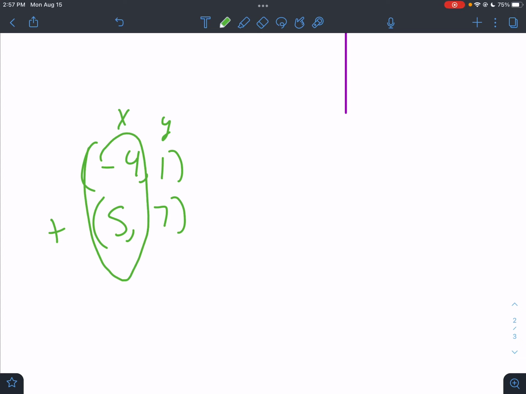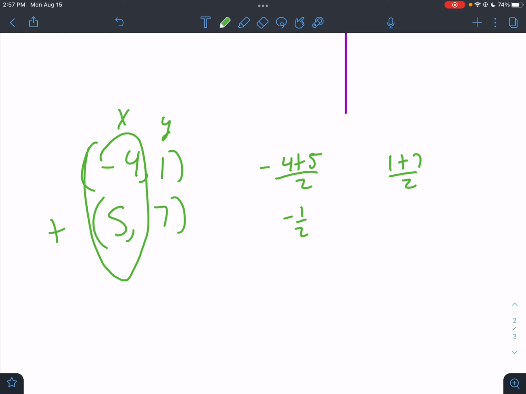So we're going to add and then divide by 2. We're adding the x's and we're going to divide by 2. I'm going to write it like this: -4 plus 5, and then we're going to divide by 2. When I do that, I get -1 divided by 2, or -1/2. I'm going to do the same thing with the y values. 1 plus 7 divided by 2. The y values are 1 and 7. It's like you got a 1 on a test.